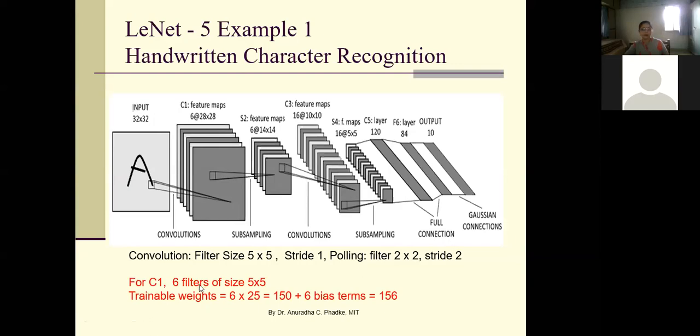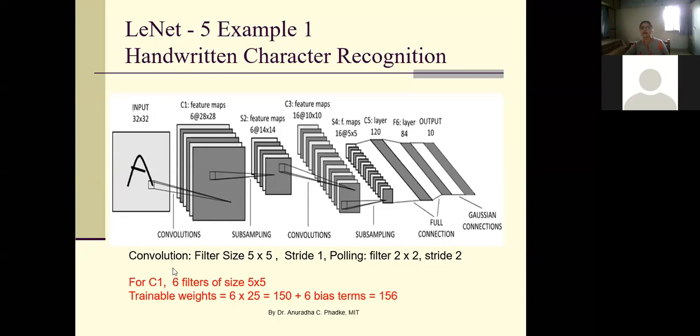Okay, so here there are 6 filters and each filter size is 5 by 5. So total there are 25 into 6, that many filter coefficients, which is 150. And one more parameter is there: for every filter there is a bias term.